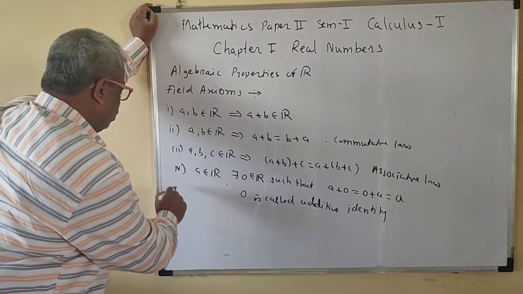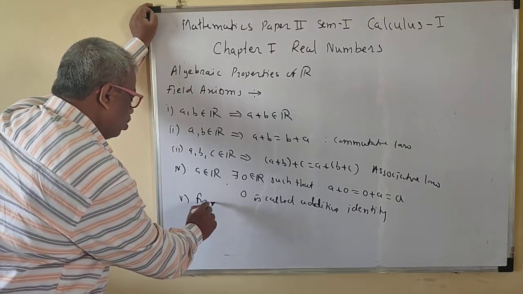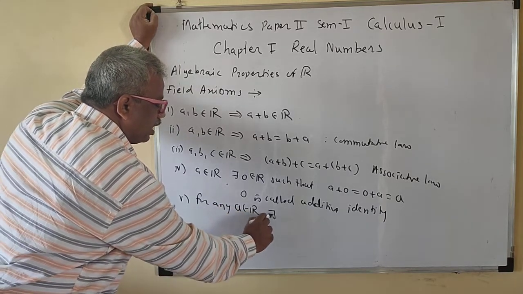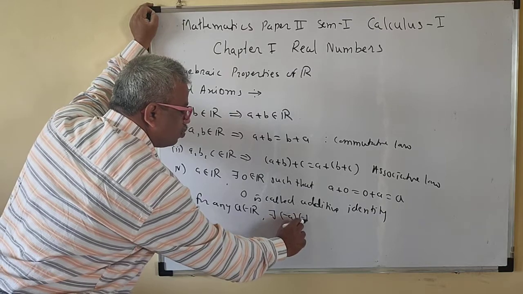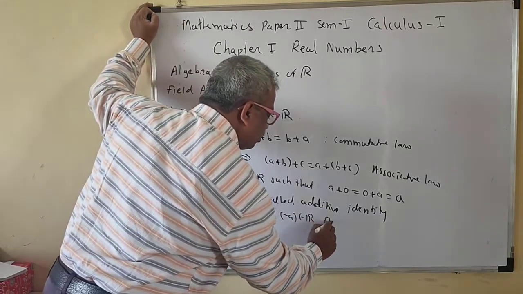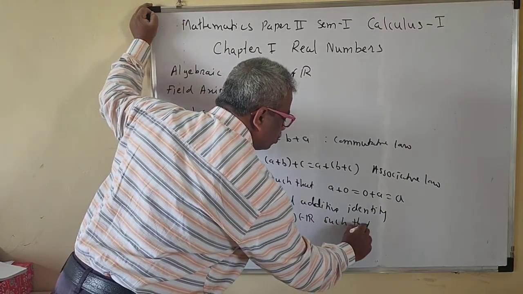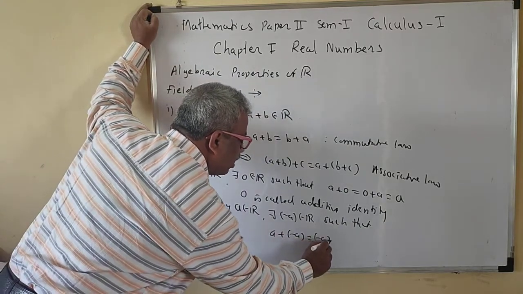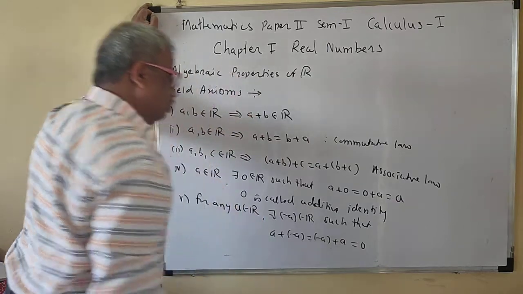Okay. So now the next one: for any a belongs to R, there exists minus a belongs to R such that a plus minus a is equal to 0.